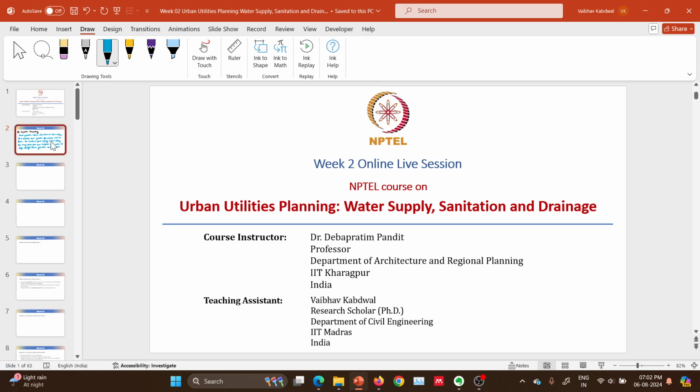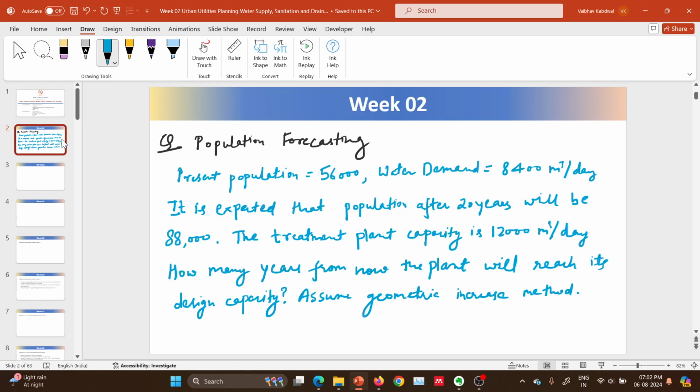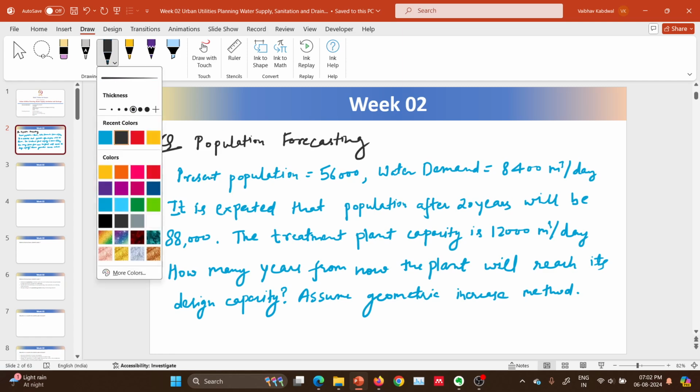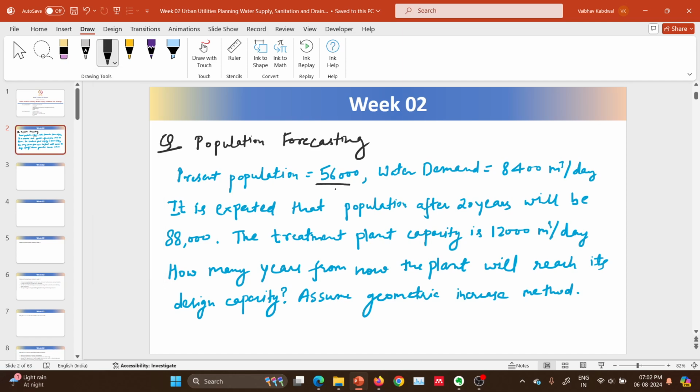So let's solve one problem related to population forecasting. We learned population forecasting in the previous session. So here is a question. The present population is 56,000 and the water demand is 8400 meter cube per day, and it is expected that the population after 20 years will be 88,000.